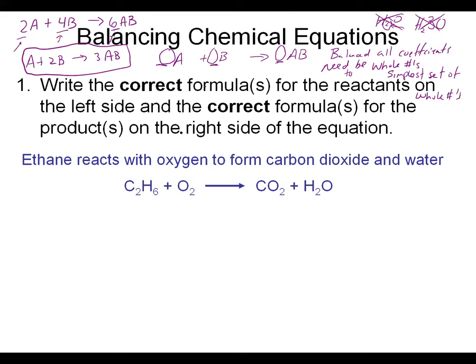Sometimes people, when they first go to balance it, will make a table, and that could be helpful sometimes. You could have your reactant side and your product side and list everything. You've got carbons, hydrogens, and oxygens. On the left-hand side, you have 2 carbons. On the right-hand side, you have 1. Left-hand side, you have 6 hydrogens. Right-hand side, you have 2. Left-hand side, you have 2 oxygens.